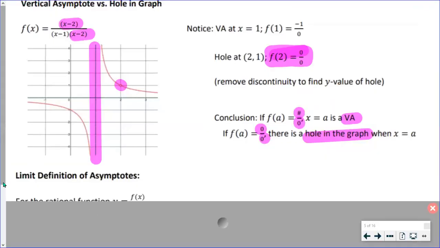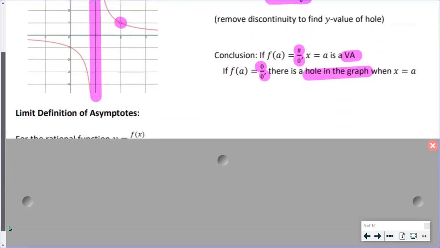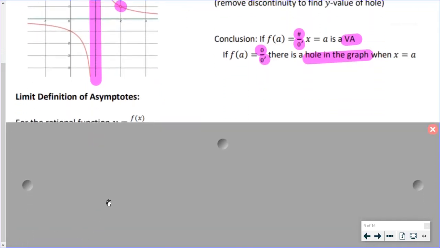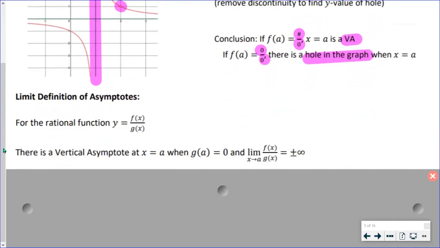Okay, so we do want to review the limit definition of asymptotes. When you have a vertical asymptote, your limit is approaching positive infinity or negative infinity.